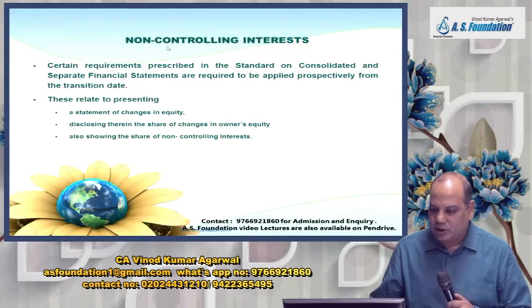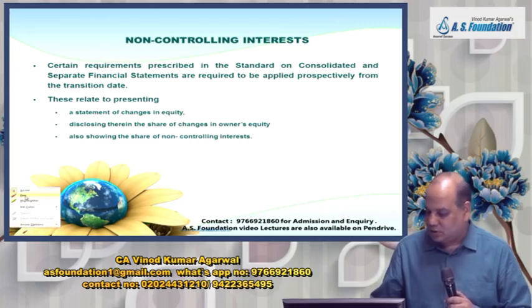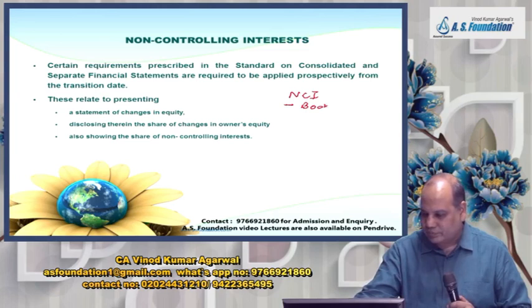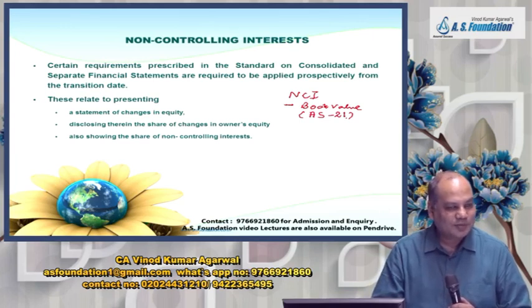One more problem will arise in NCI. Under some GAAPs, NCI is measured using book value on the date of acquisition. For example, in India, there is Accounting Standard 21, Indian GAAP.